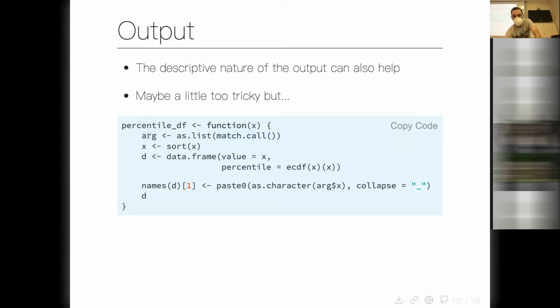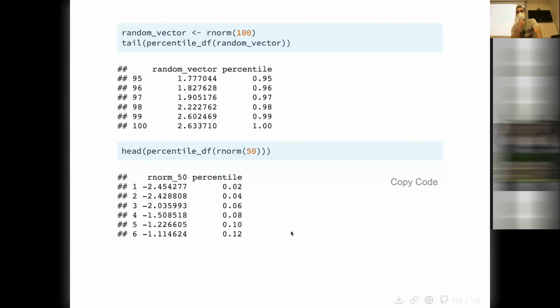So this thing is called arg, right? Then I'm saying as.character on arg x, because x will be an element of that list, because that's what this thing is called. And I'm going to collapse it with this. So that's what the first name of D is going to be. And that ends up being nice because you can do things like this. Random vector, rnorm 100.